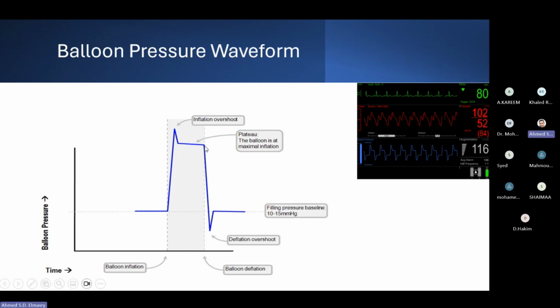And at this point, which is the deflation point, the balloon will start the deflation and the pressure will start to drop. Again, the pressure inside the balloon and the pressure inside the aorta will reach a state of equilibrium at the end of the deflation. And the ideal filling pressure baseline is between 10 to 15 millimeters of mercury.